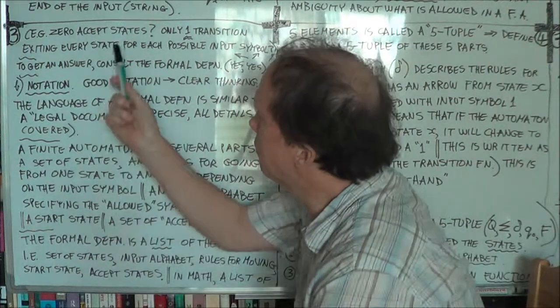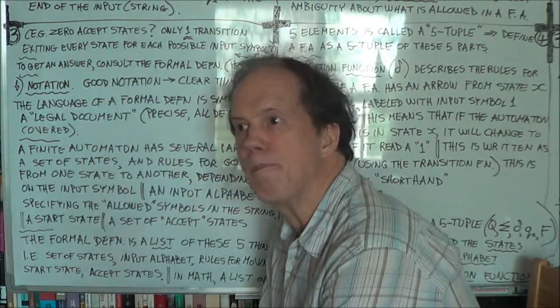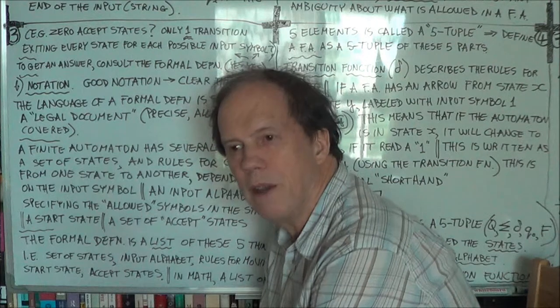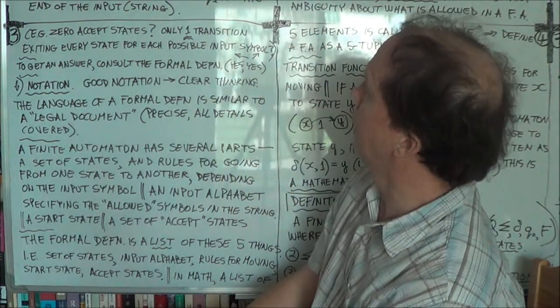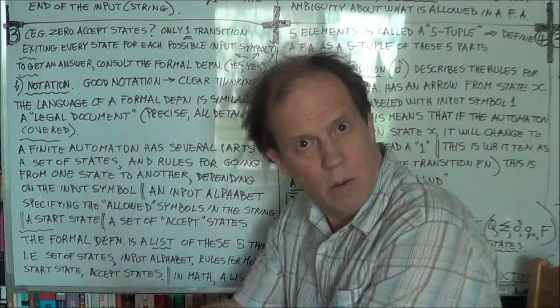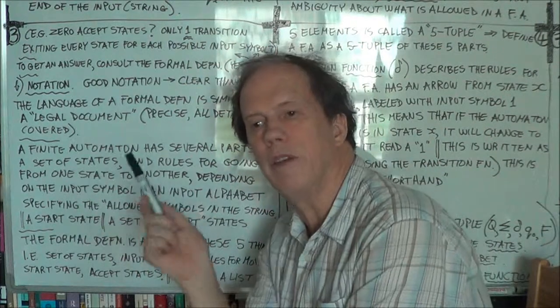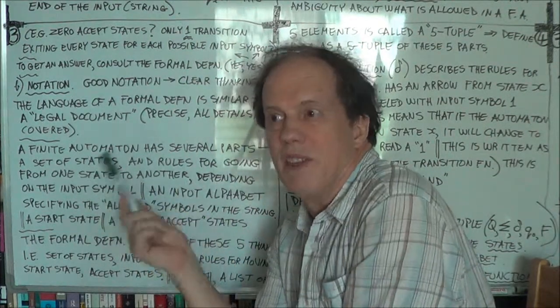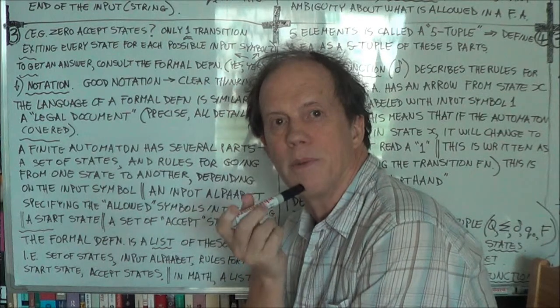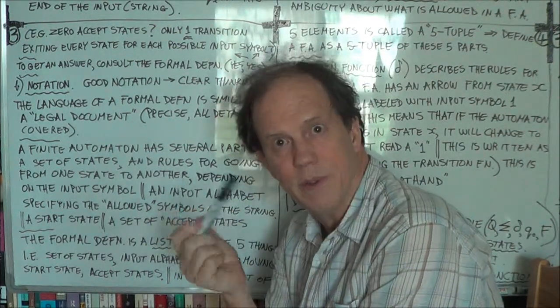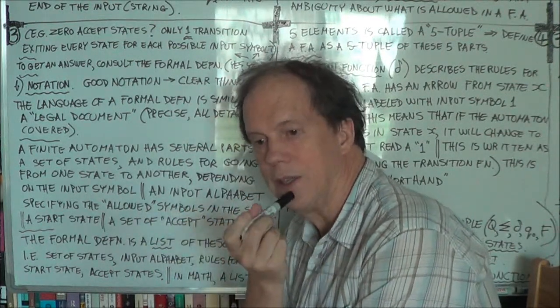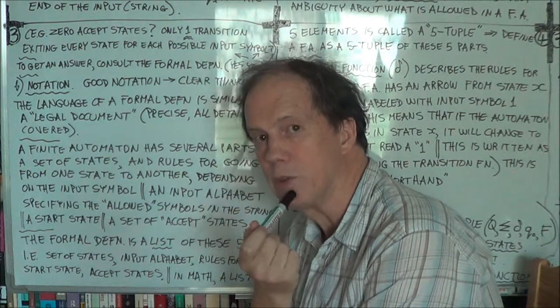Well, here are two, for example. One is, is it possible to have zero accept states? Can you have an automaton that doesn't have any accept states?